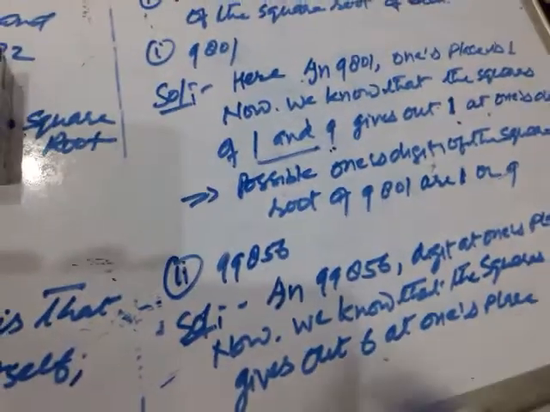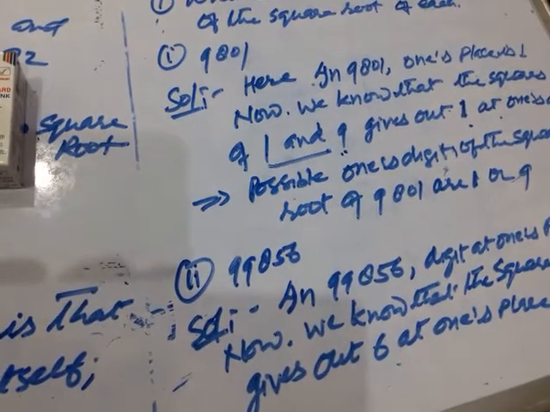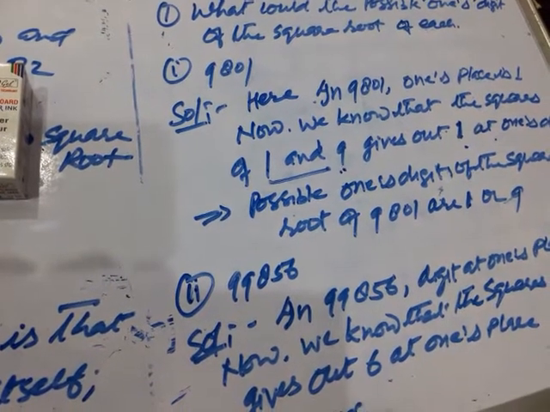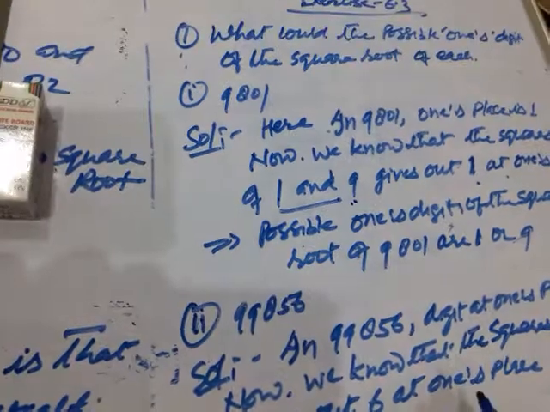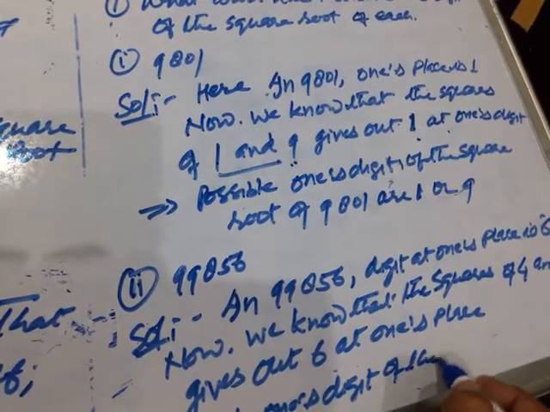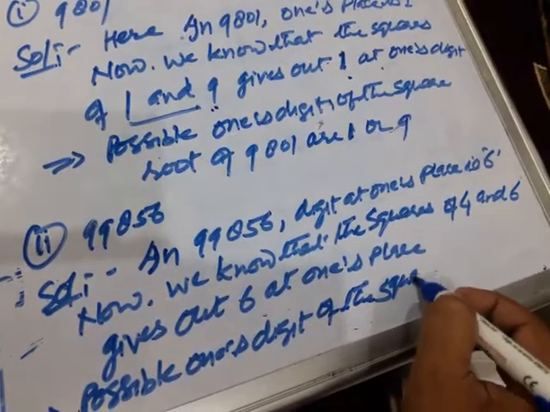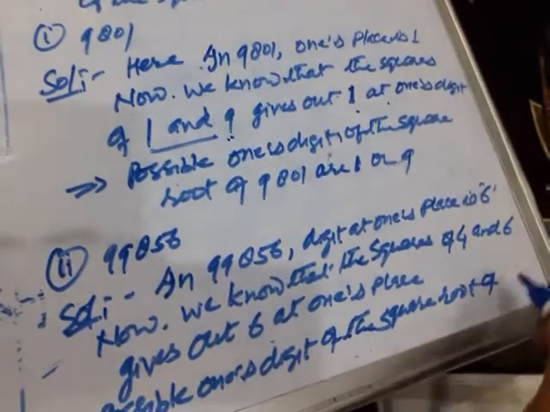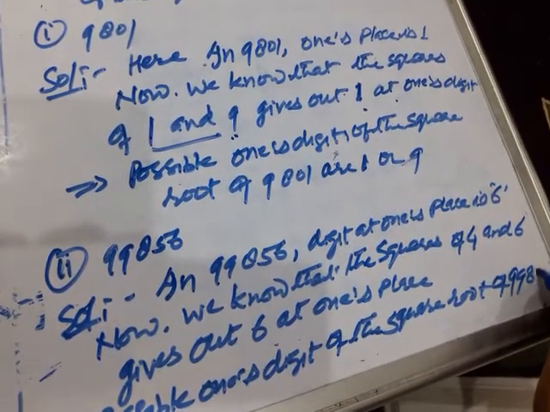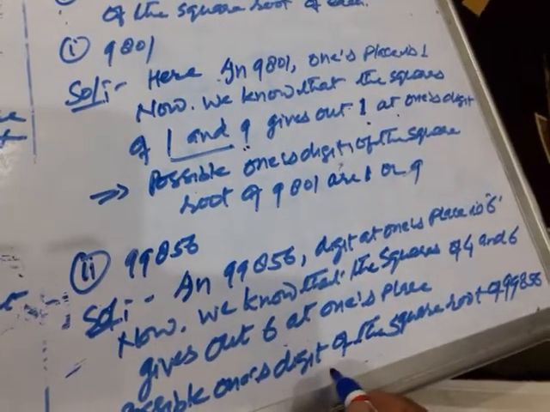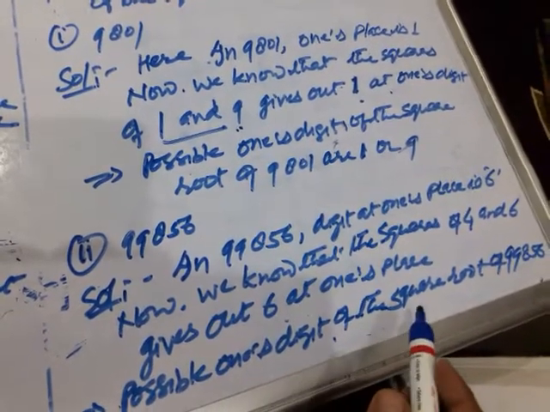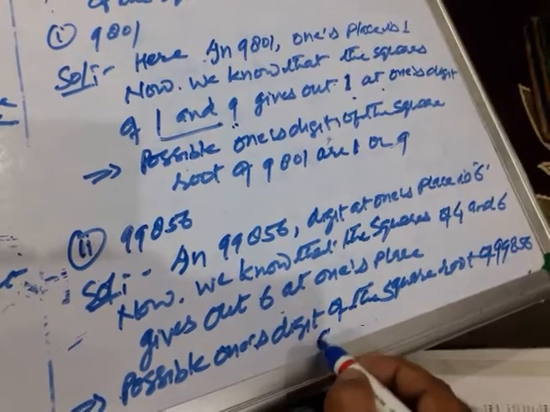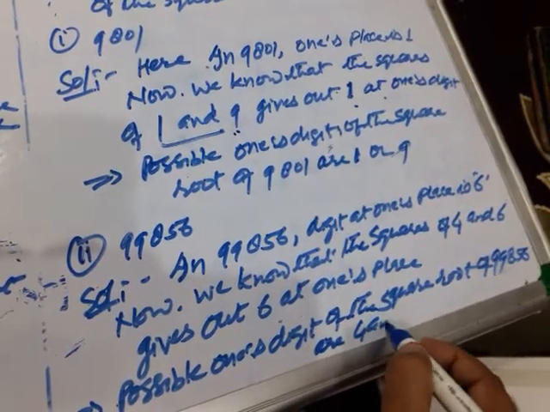Okay children, this implies that the possible one's digits of the square root of 99,856 are what? 4 and 6.